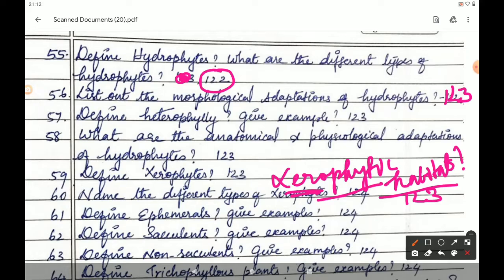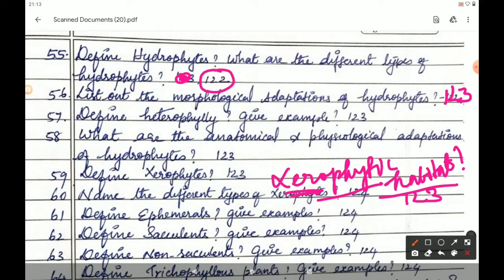In this habitat, water is sufficiently present, but plants are unable to absorb it because of the absence of capillary spaces in the soil. The habitat contains a sufficient amount of water. The next question is 61st question. Question number 61.